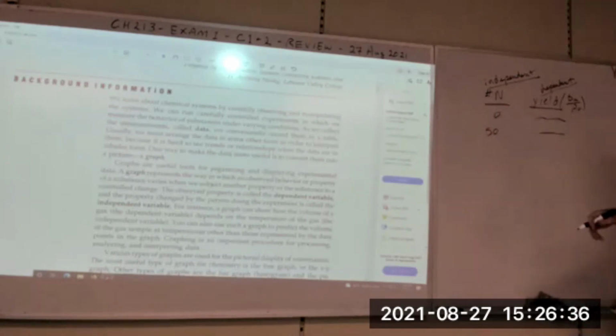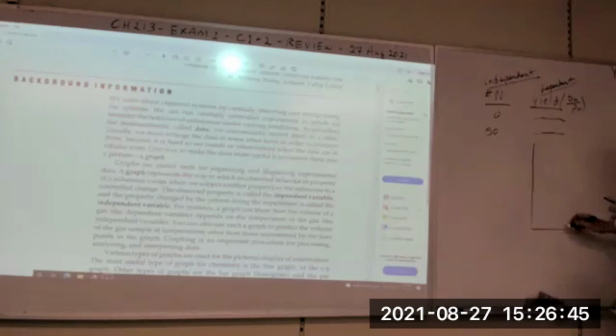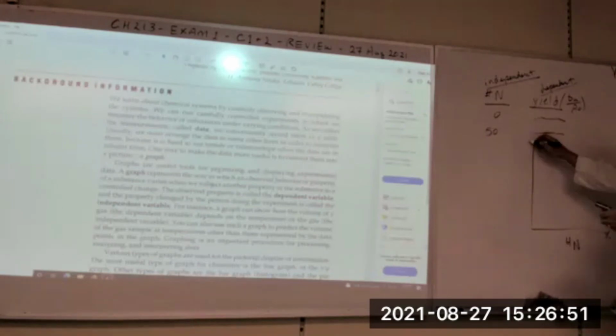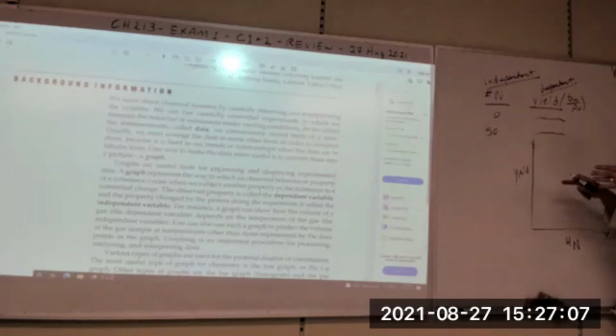Okay, and when you put that in a graph in a Cartesian system, you have the pounds of nitrogen here on the x-axis, which is also known as the abscissa, and here on the y-axis, you have the yield. This is the dependent variable. Then you can put data points on here that correspond to that value and that value.